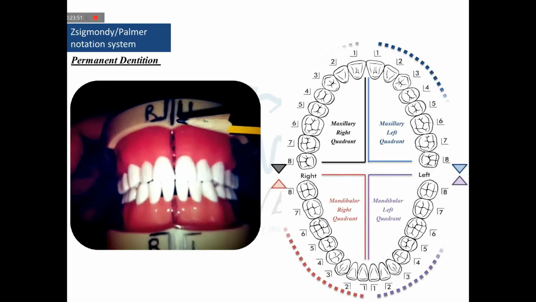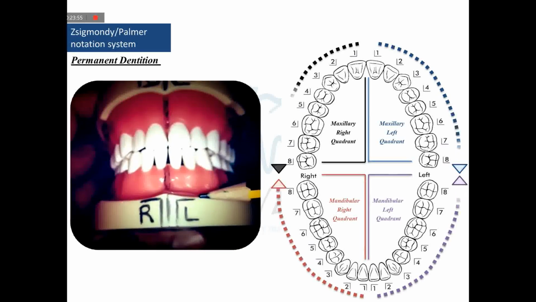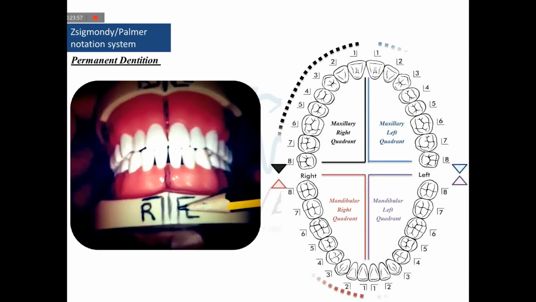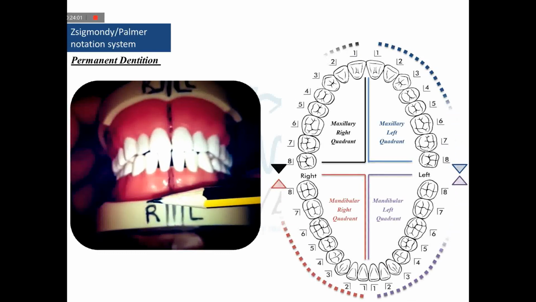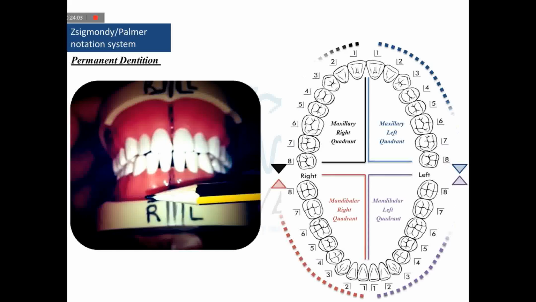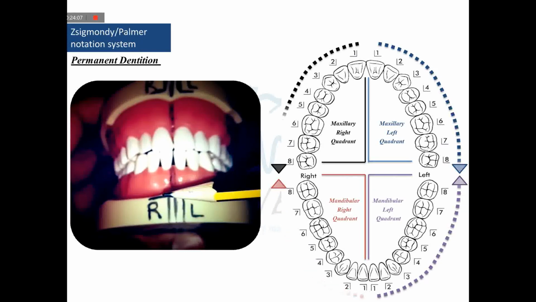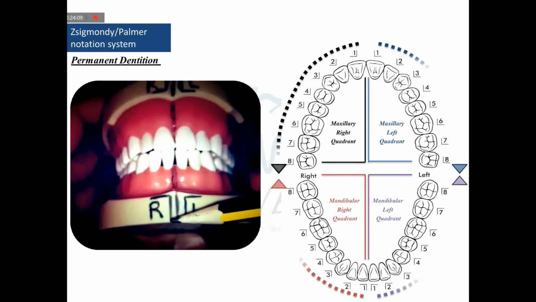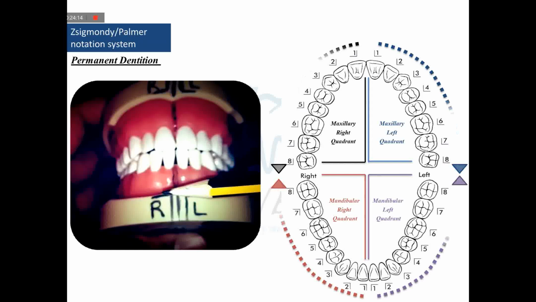So the important thing which we will be seeing here is that for the permanent dentition we draw the same kind of symbol which we drew in the deciduous dentition: the horizontally flipped L shape, the normal L shape, the vertically flipped L shape for the lower left quadrant, and a different L kind of symbol for the mandibular right quadrant.